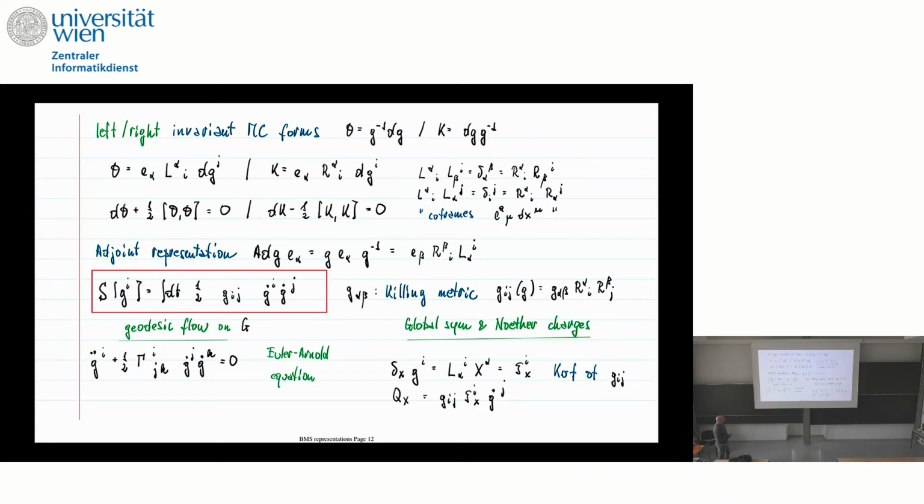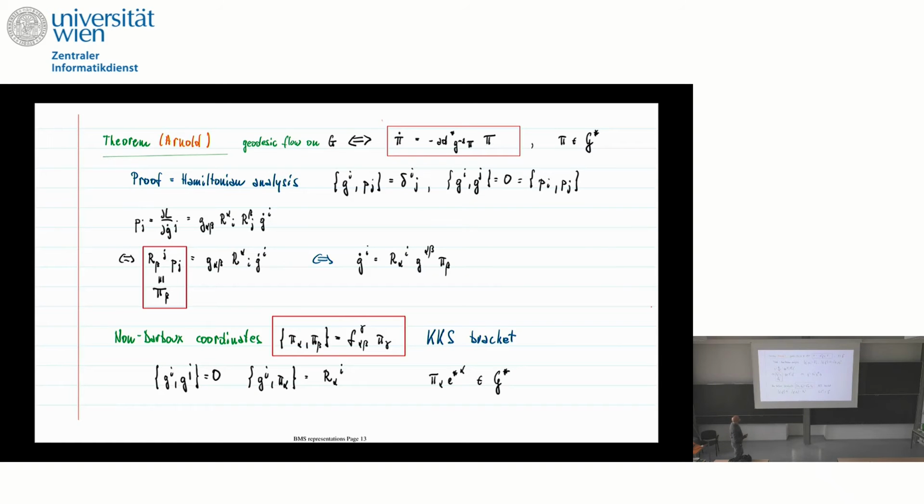Okay, and so this geodesic flow equation on G in the literature is called the Euler-Arnold equation. It has been used. And then there is this Arnold theorem, which tells you that this geodesic flow equation on G has something to do with the coadjoint representation.